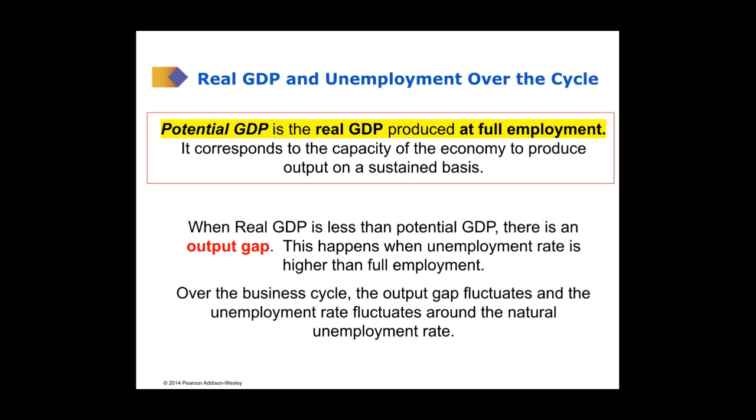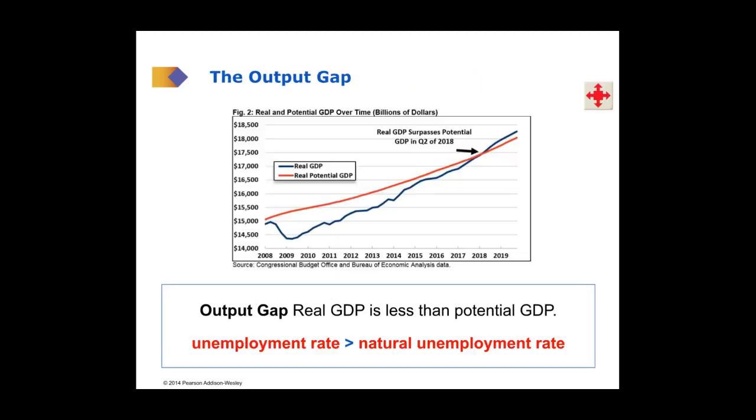So this output gap can fluctuate over the business cycle. When we have recessions, there's going to be a positive output gap. When we have a boom period, you can have either no output gap or even a negative output gap. And you can see here on the chart, the red line is our potential GDP over time. The blue line is the real GDP. And when the real GDP is less than potential GDP, well, that means we have an output gap.